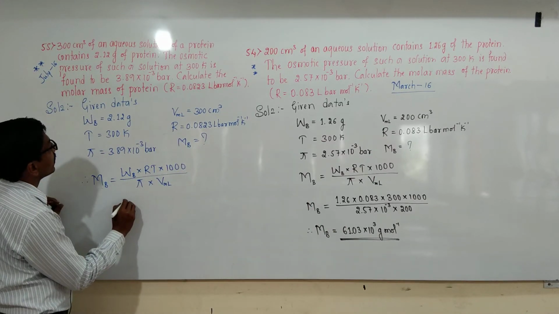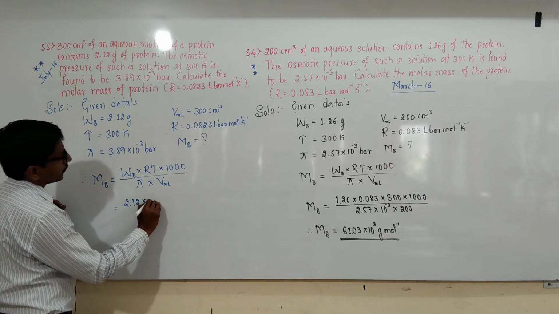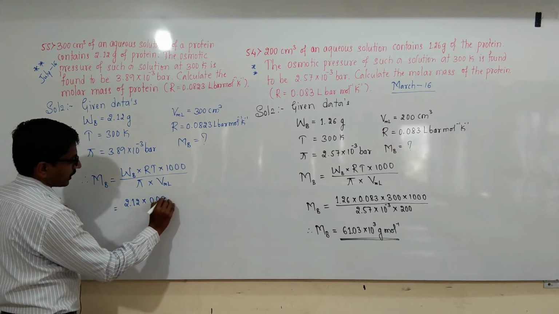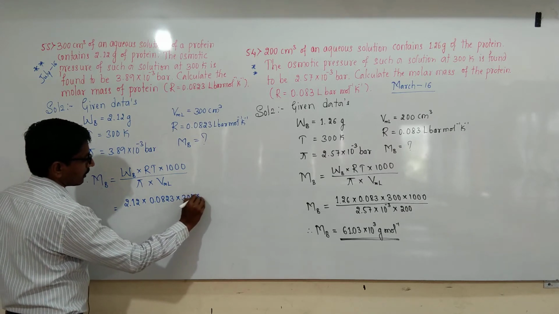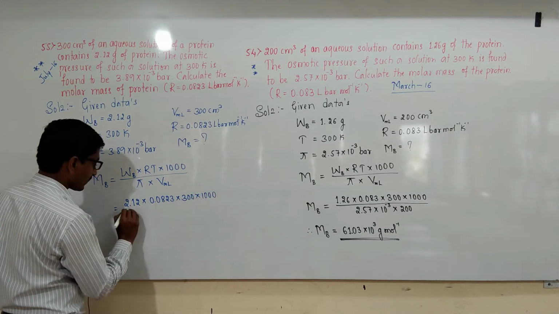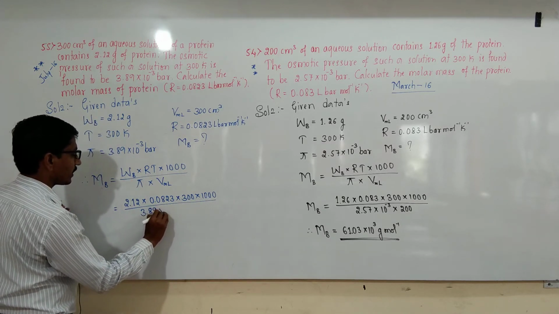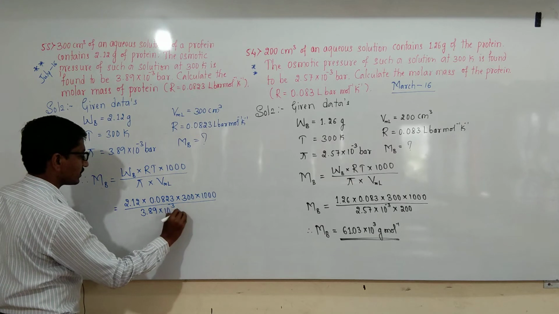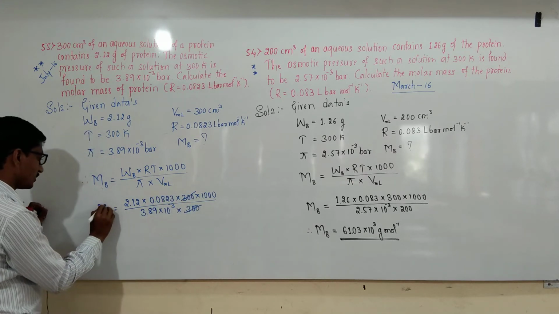Now WB is 2.12 into 0.0823 into 300 into 1000 divided by 3.89 into 10 raised to minus 3 into 300. 300 gets cancelled.